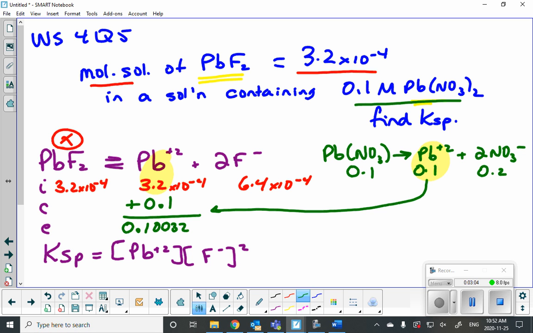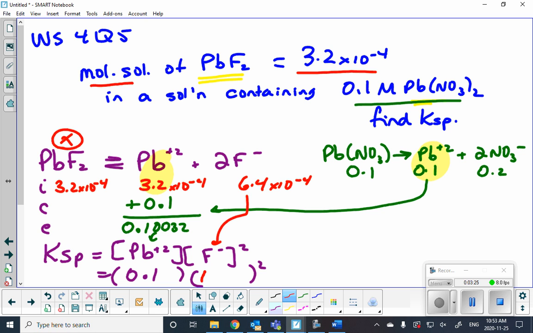On my test, I don't mark against significant digits. So whether or not we round that off, the value that we'll put in the brackets for the lead is going to be about 0.1. The value for the fluoride, which we have to square, came entirely from the lead fluoride.